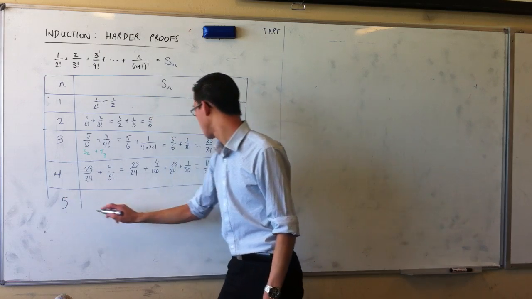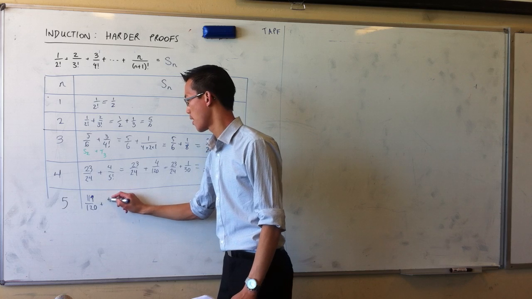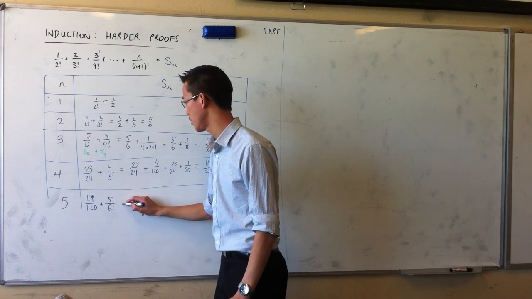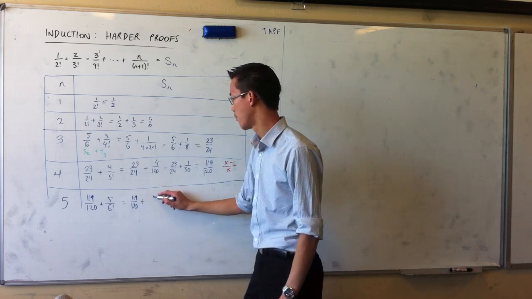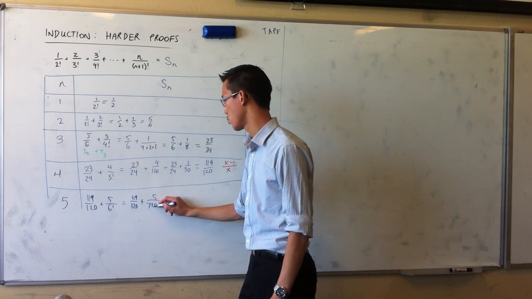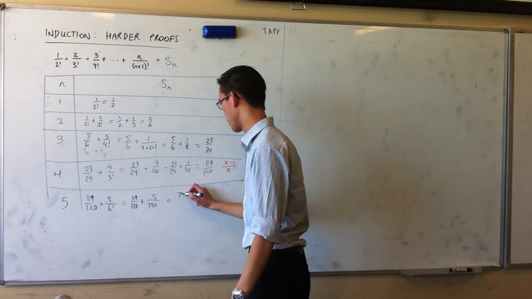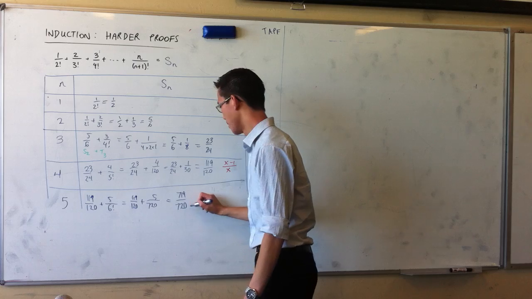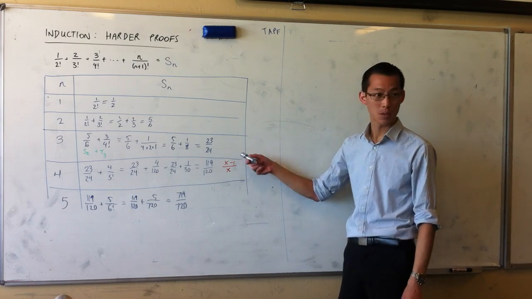When I go to 5, I'm going to go 119 on 120 plus 5 on 6 factorial, which is 5 on 720, which is equal to, I can't remember what it's equal to. Oh yeah, I should be able to guess that actually. Okay, so the good thing is I've got my x and x minus 1 pattern.